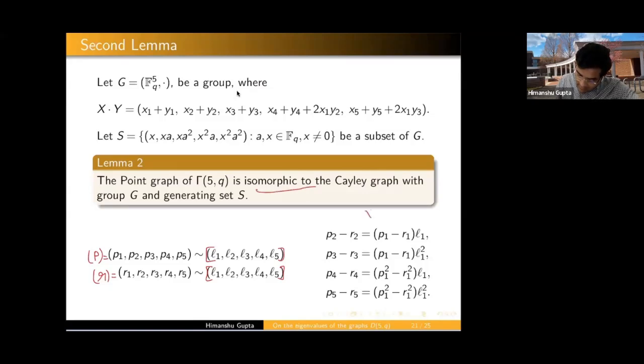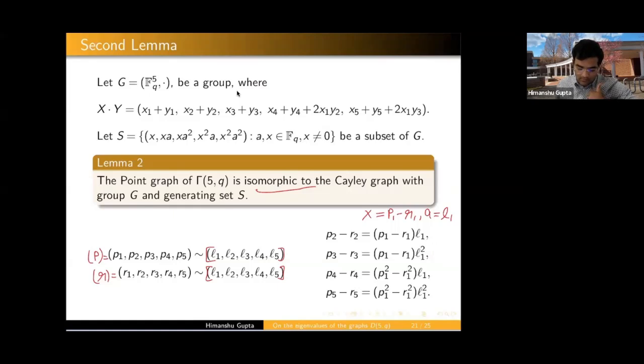All we need to say is that x is P1 minus R1 and a is L1. Two points are adjacent, and the first coordinate has to be different, so P1 minus R1 is non-zero. So x is non-zero and a is L1. Just write the definition of this Cayley graph and see that these satisfy the system of equations.